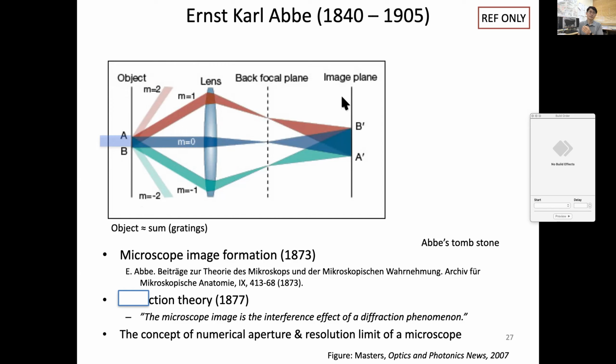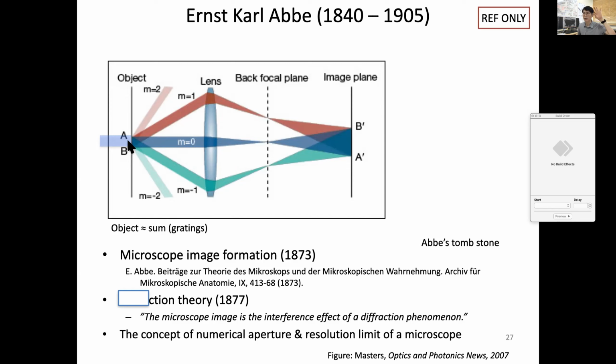And probably in the future, I will offer another class on biomedical optics. At that time, you may grasp this in an even more fundamental, quantitative way, but this is what I want to explain to you. An object can be considered a sum of gratings, and gratings will diffract light, so that diffraction nature fundamentally limits us: our finite-size lens cannot grasp high order diffraction.